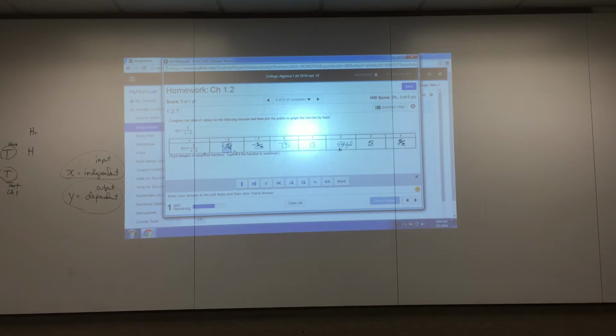Negative 5 over 4. Thank you. That was negative 5 over 3. I wonder what happens if I put 5 over negative 3. It's the same thing. Negative 5 over 2. I know it's kind of boring to watch me type. Negative 5 and 5 halves.